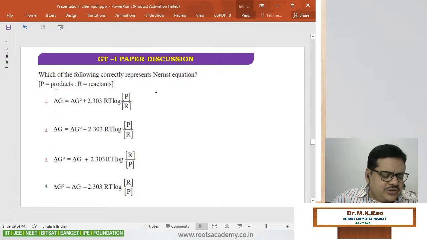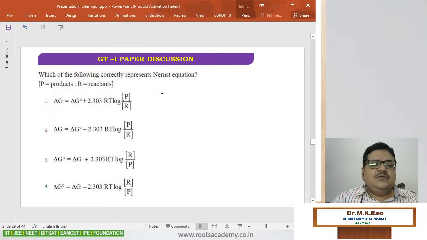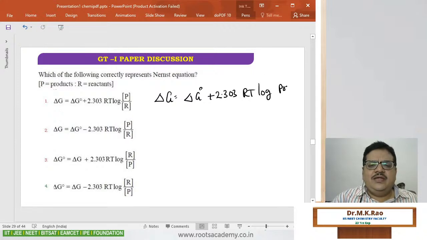In question number 45, we have a formula: delta G is equal to delta G naught plus 2.303 RT log products by reactants. This is one formula. It is correct.